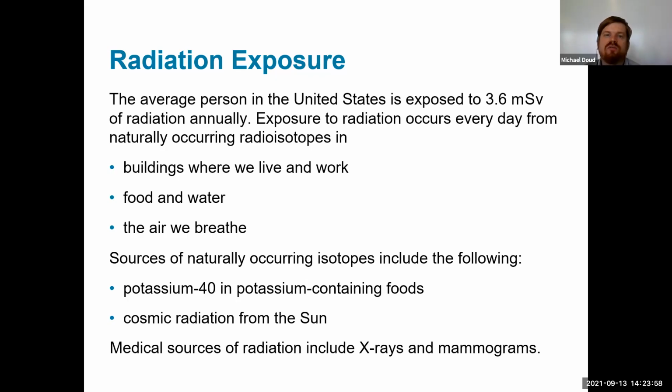Naturally occurring radiation occurs in the form of potassium-40, which can decay in the body. That's naturally occurring. You also get a dose of cosmic radiation from the sun, including X-rays and gamma rays. And then there can also be medical sources of radiation, including X-rays, mammograms, and a variety of sources that we're going to talk about at the end of this chapter.